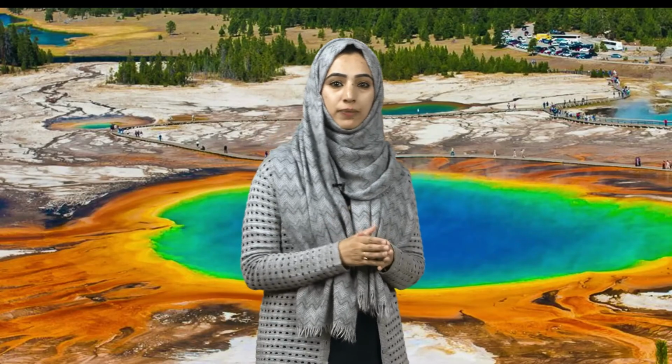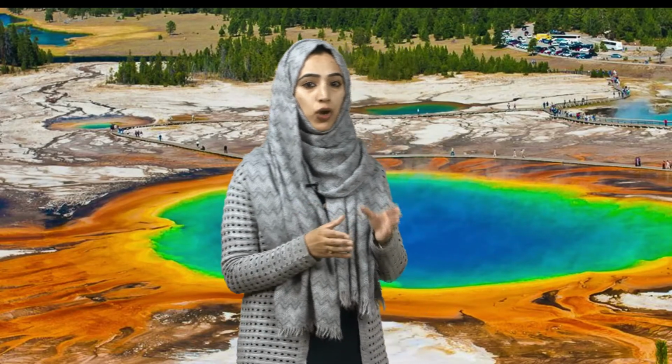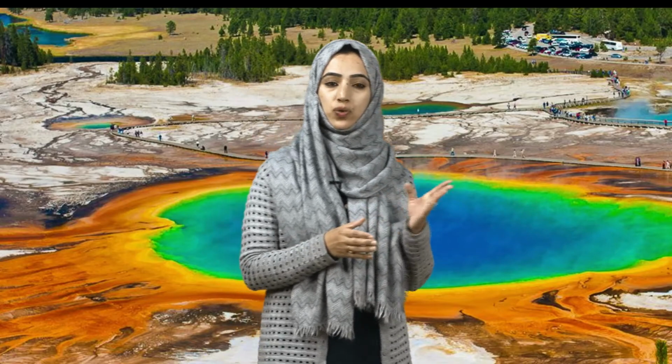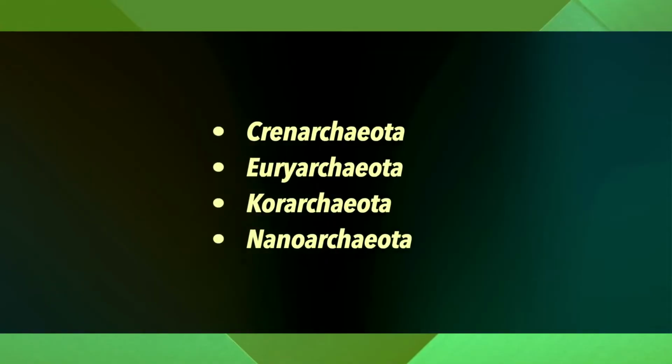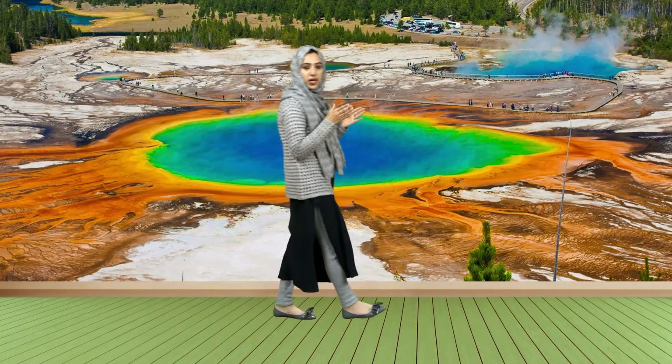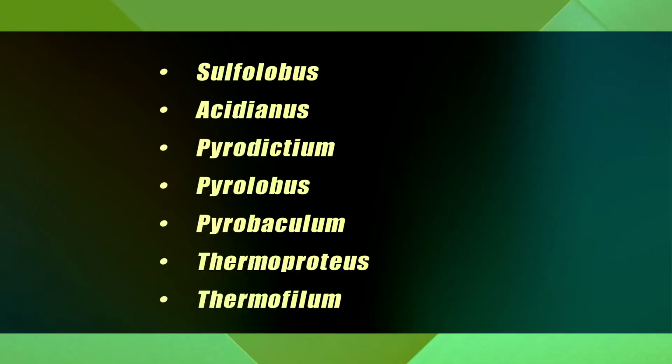On the other hand, most of the hyperthermophiles belong to the archaea, which consists of four phyla: Crenarchaeota, Euryarchaeota, Korarchaeota and Nanoarchaeota. Some genera belonging to the Crenarchaeota are Sulfolobus, Acidianus, Pyrodictium, Pyrolobus, Pyrobaculum, Thermoproteus and Thermofilum.